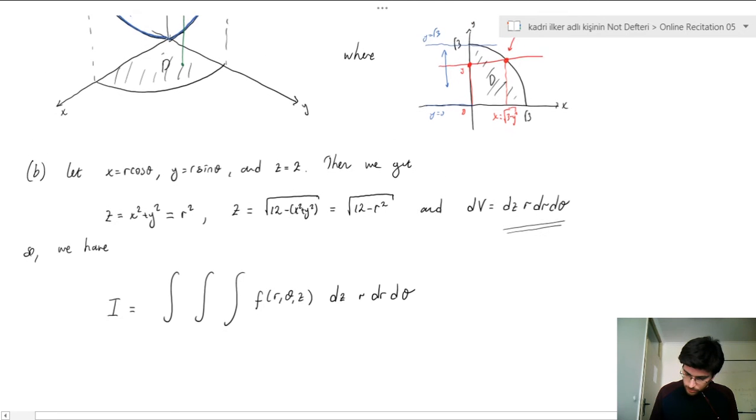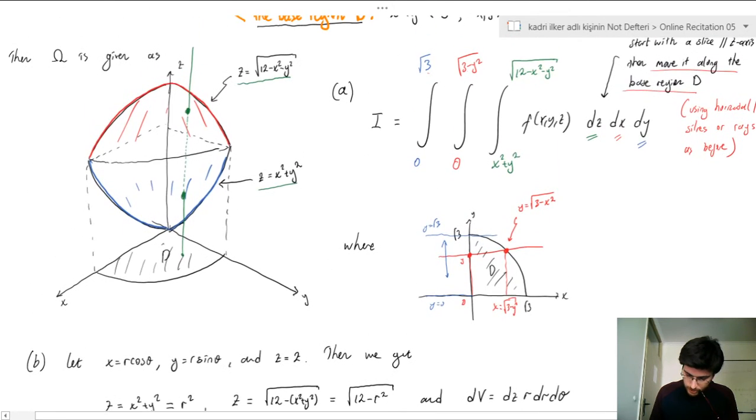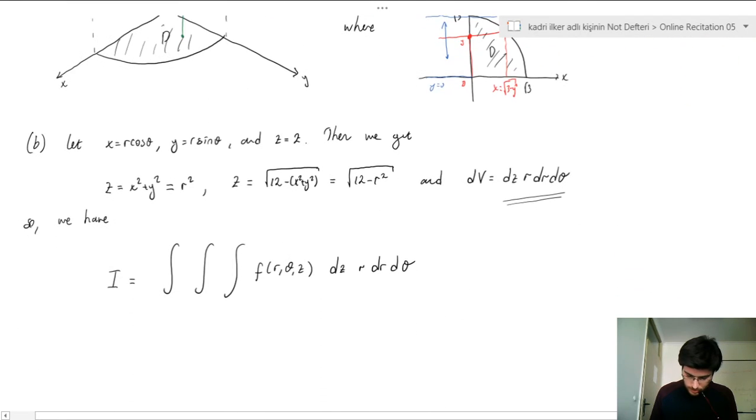Now, remember, if you go back and check part A, it is easy to see that we now have r squared here, because instead of x squared plus y squared, which is expressed as r squared in r theta coordinates, and in r theta coordinates we have this.